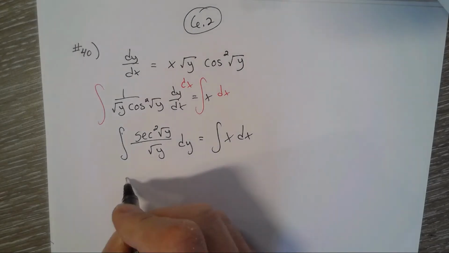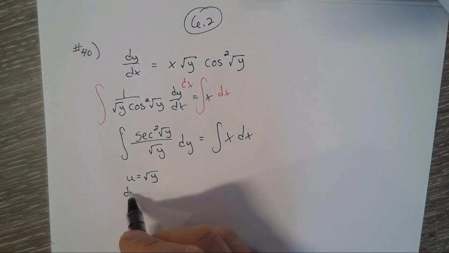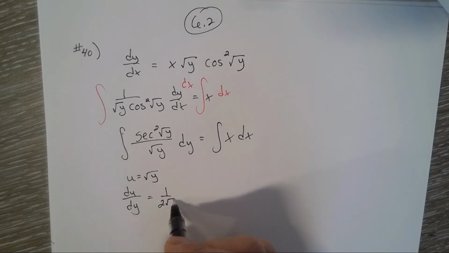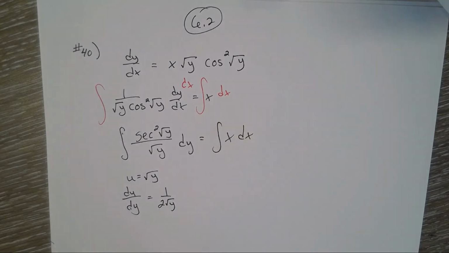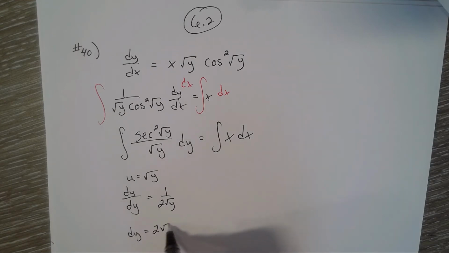I'll choose u as the square root of y. So then du dy is 1 over 2 square root of y. And we need to solve for dy here. So dy equals 2 square root of y du.